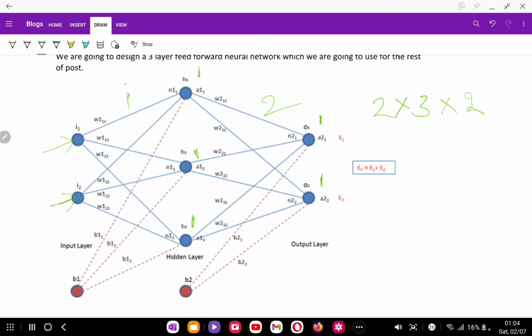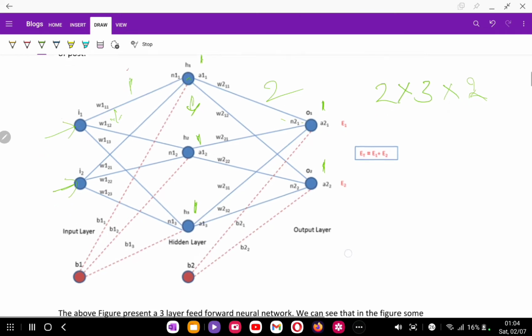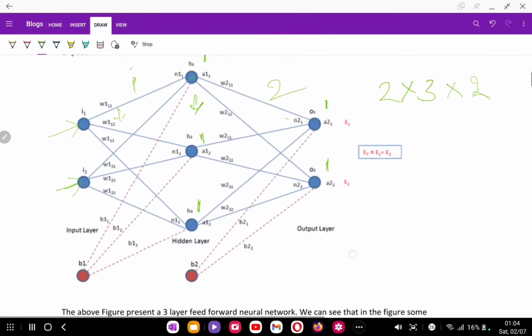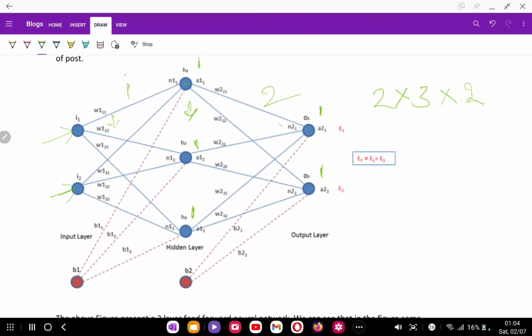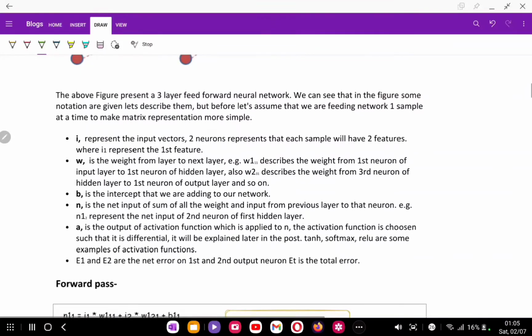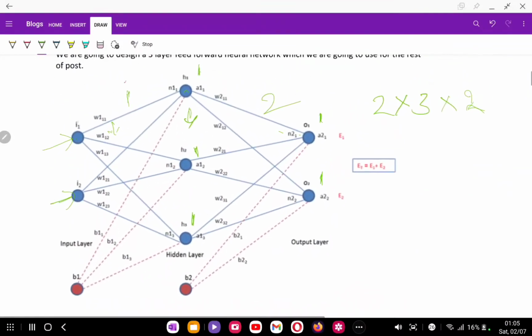It's a fully connected network. By that I mean this layer and the previous layer have all the nodes connected, meaning every node in the previous layer has an edge towards every node in this layer. We have a naming convention, as you can see here. I means input.